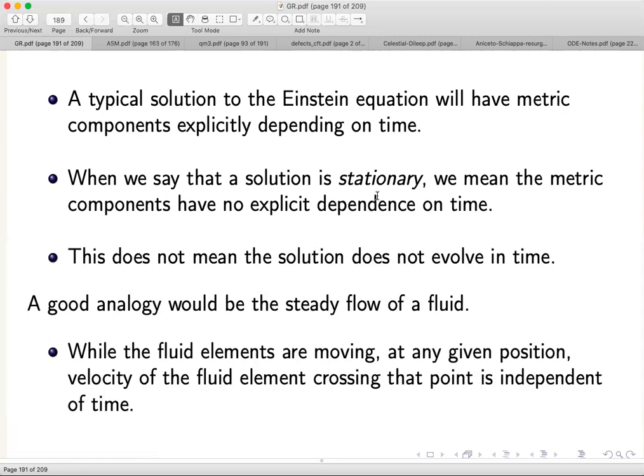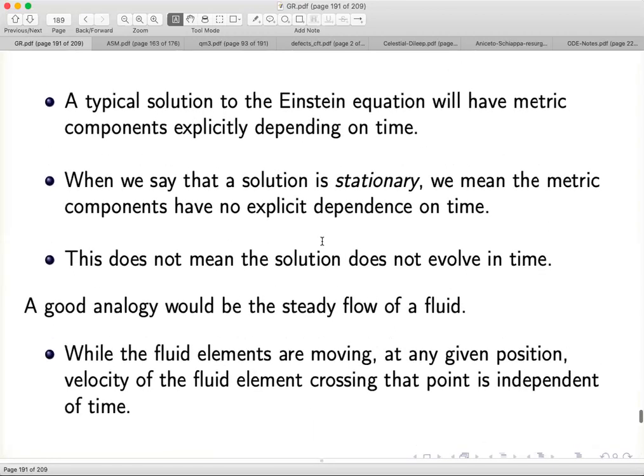So the stationary metric is of that kind, that there is no explicit dependence on time. Therefore if you look at the system at a particular point, you would find that a particle would have a fixed velocity or fixed acceleration at that point. If you look at some other point, it would have a different velocity and different acceleration, and therefore effectively a different time dependence. That is what we mean by the metric being stationary.